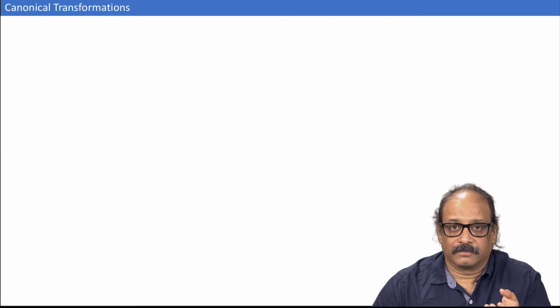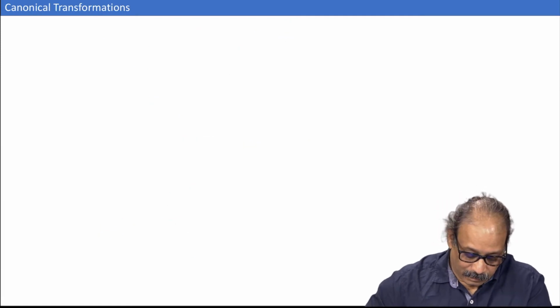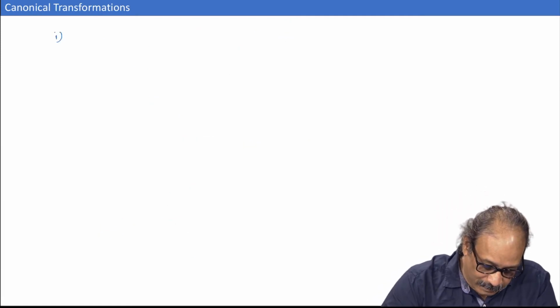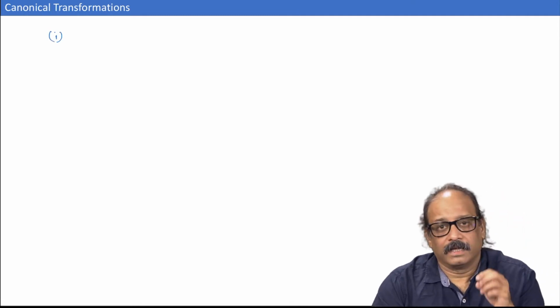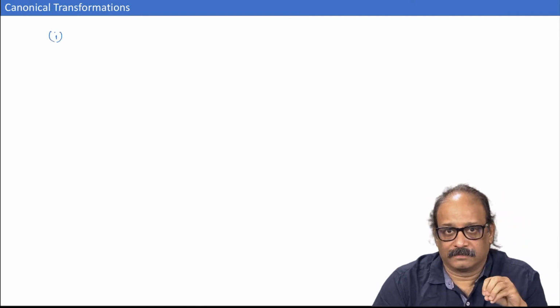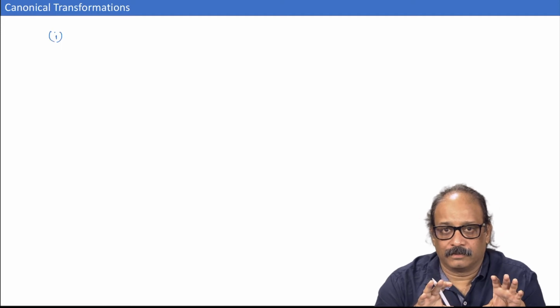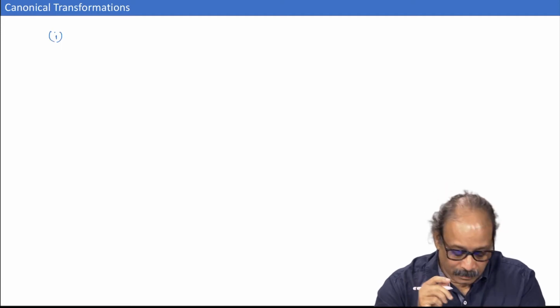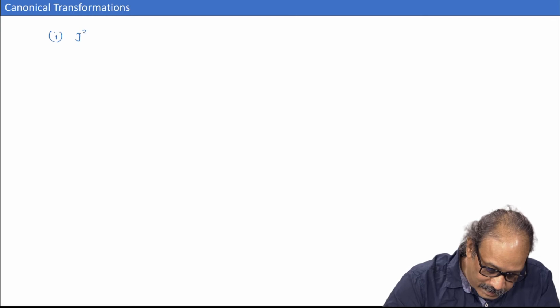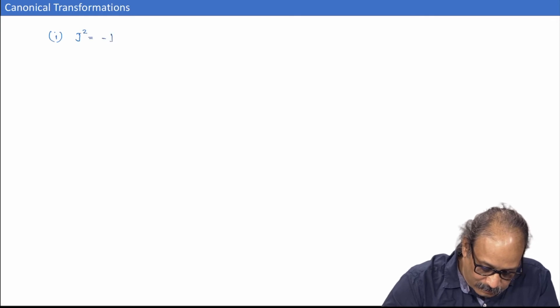Look at the properties of J matrix. Now, the properties of J matrix are, first of all, irrespective of what the size is, remember it must be 2n by 2n. So, its order is even. So, J square is quite clearly minus I, and remember this I of course is 2n by 2n.